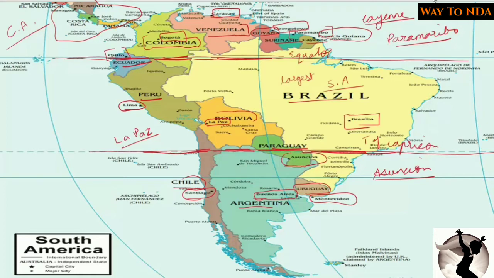Now let's see which are the important landlocked countries in South America. There are 2 important landlocked countries in South America, and that is Bolivia and Paraguay. These landlocked countries do not have access to the sea. They are surrounded by other countries and they don't have any access to the sea. These countries are called landlocked countries.